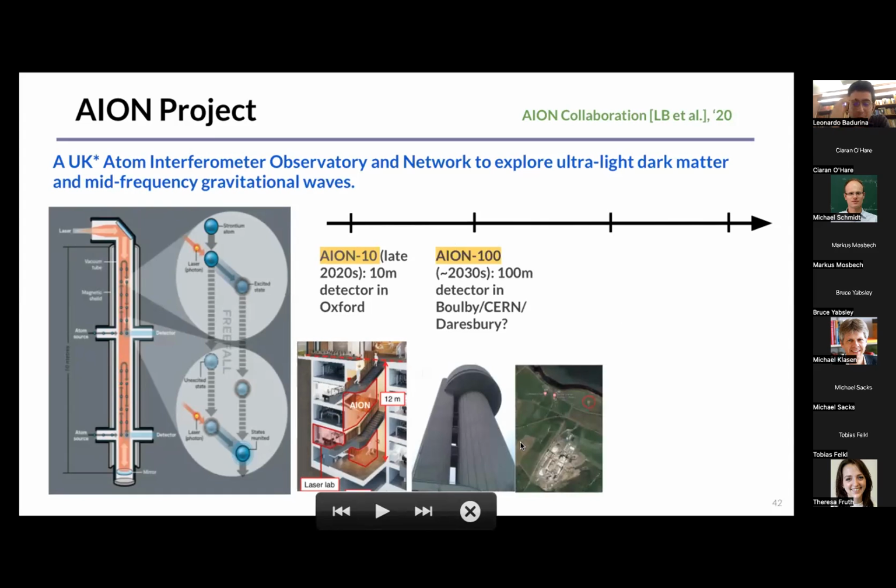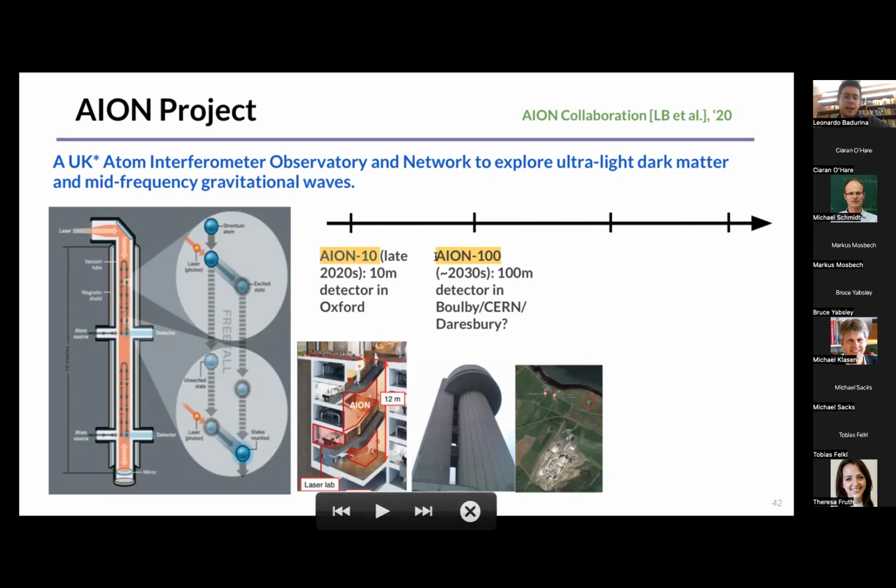Ultimately, in order to do more interesting physics, and specifically to do mid-frequency gravitational wave searches, it is important to have longer baselines, because the signal scales with the separation between the atom interferometers. The longer the baseline, the longer this tube is, the better. To be in the right part of the gravitational wave parameter space, you need a baseline between atom interferometers of order 100 meters.